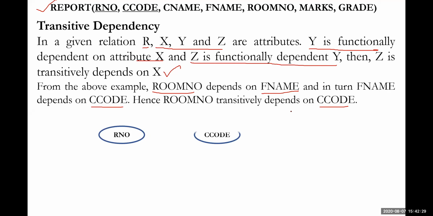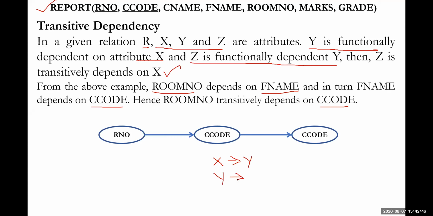That is what you need to consider here. This is called transitivity. Just remember: Y is functionally dependent on X, and Z is functionally dependent on Y. Therefore there must be a transitive relationship between X and Z. This is a transitive dependency. Please remember that these two are functional dependencies.